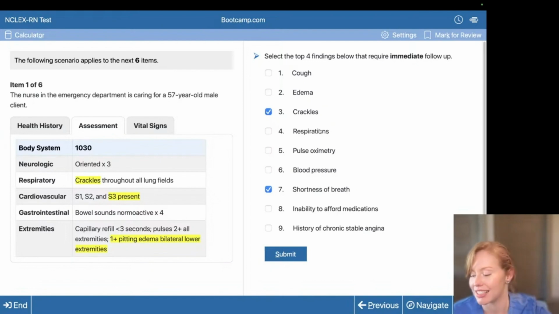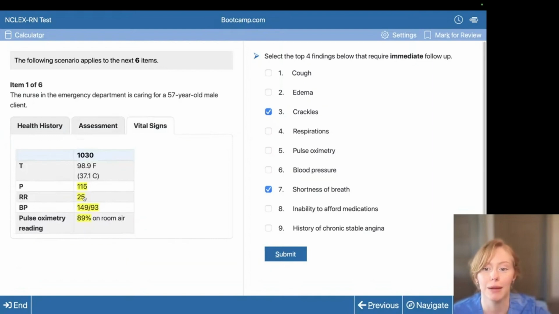Then respirations. Several of you guys pointed this out as well, and definitely. So tachypnea, remember, is one of your early signs of hypoxemia. So this is compensatory. He's breathing quickly, trying to get more oxygen in because his pulse ox is low. And several of you guys have pointed that one out already.